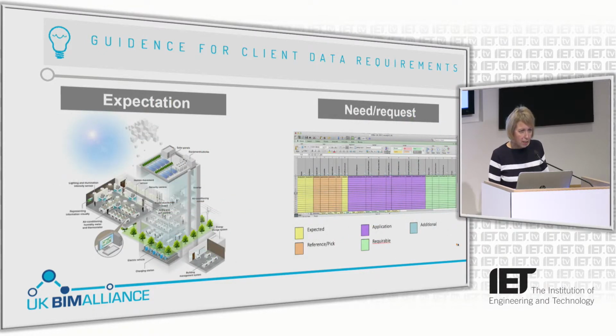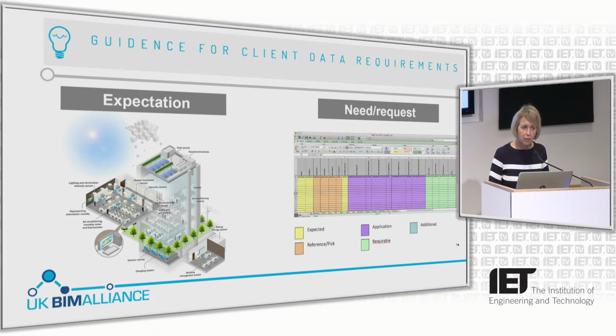I mentioned earlier that there's quite a big difference really behind client expectation and client need and request. So when I said at the very beginning that there's a desire for data, very often we'll see in documentation a request for COBie data and nothing very much more.